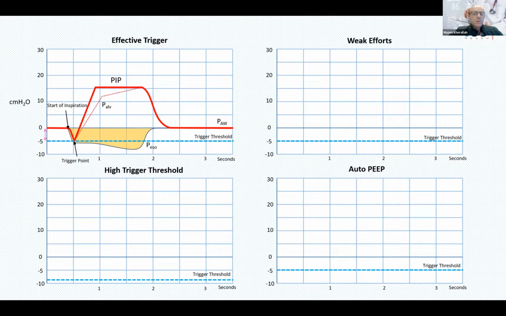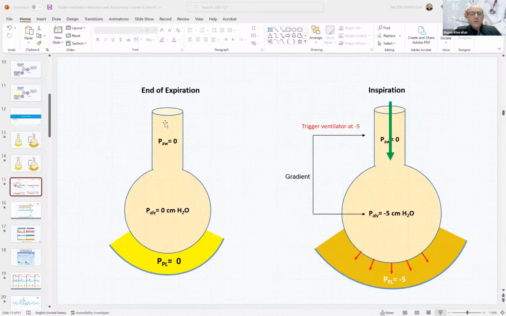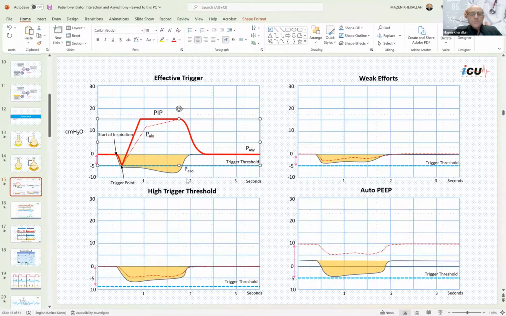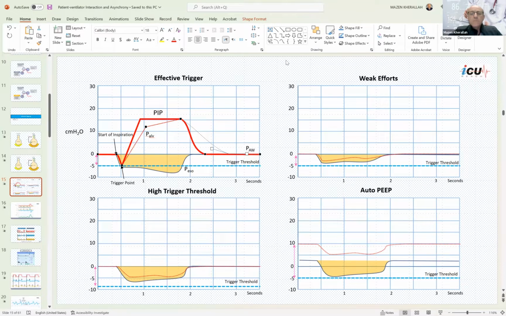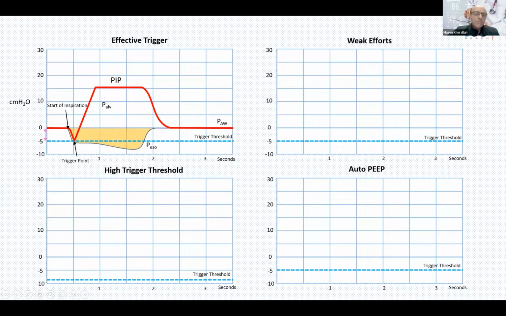And of course, the alveolar pressure, I have a mistake in the graph here. I want to correct it. So the pleural pressure, the alveolar pressure is less than the airway pressure.